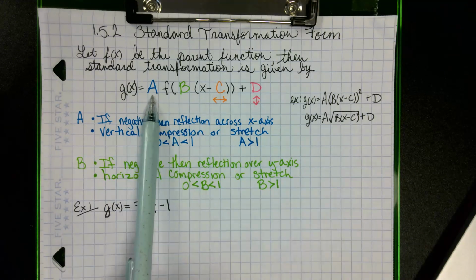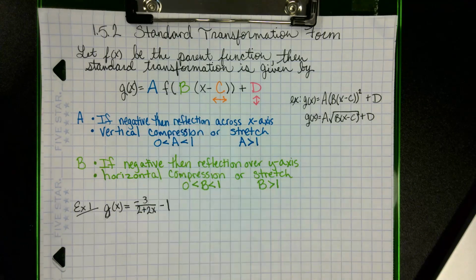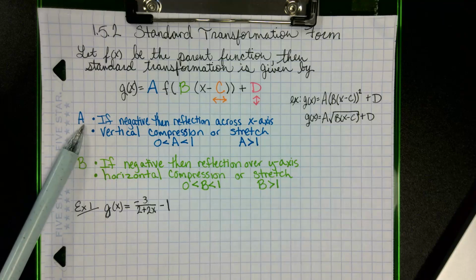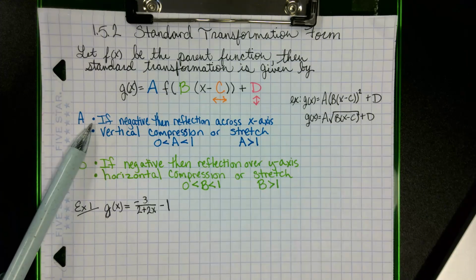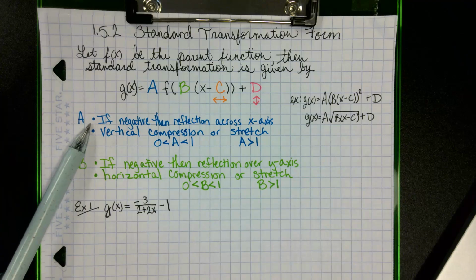So the a, if you have a value all the way on the outside before your operation begins, it controls two things. If it's negative, then you have a reflection across the x-axis. So if you have a negative a value, it's a reflection across the x-axis.